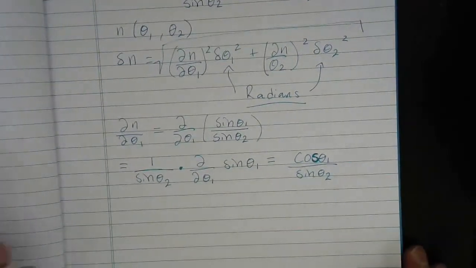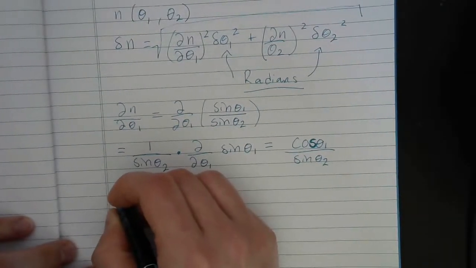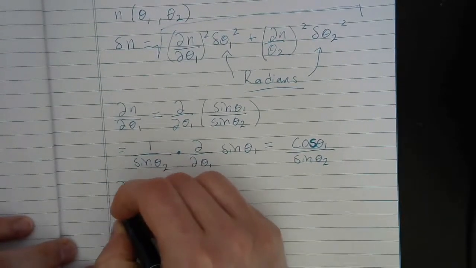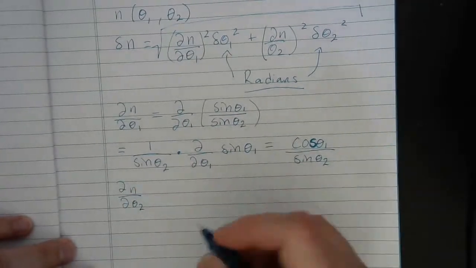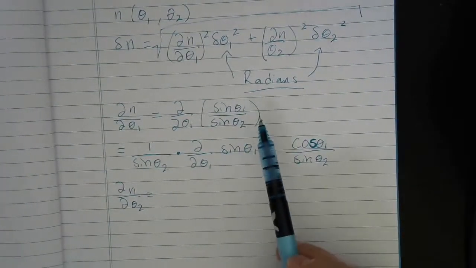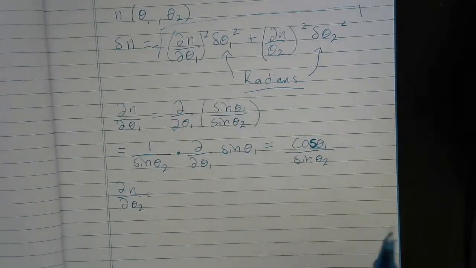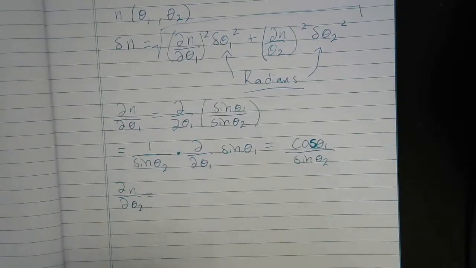The second one is a little bit trickier, but we can still work it out. So the second partial derivative is ∂n/∂theta 2. Again, the other variable, which is a constant in this case, theta 1, we can pull outside of our expression.